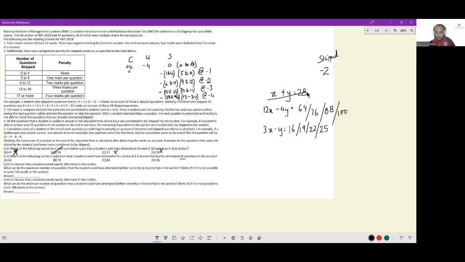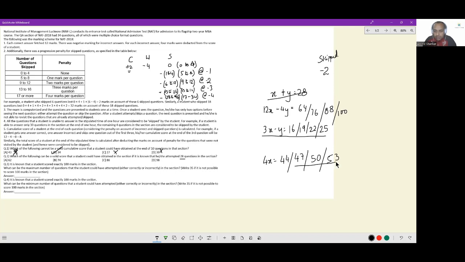Now, look at this equation and look at the different cases of this equation. If I add up the LHS, I will get 4x. So my RHS upon adding up should also give me 4x. 28 plus 16 happily gives me 44. 28 plus 19 gives me 47. 28 plus 22 gives me 50. 28 plus 25 gives me 53.